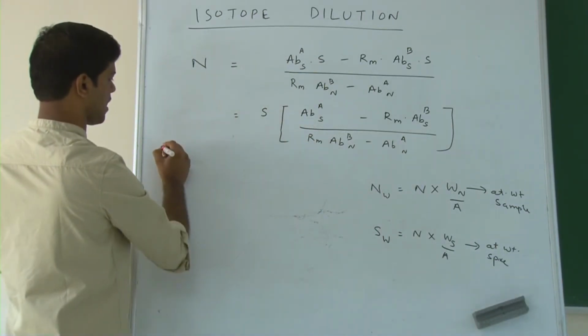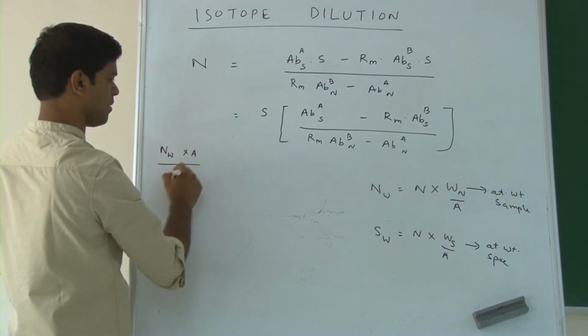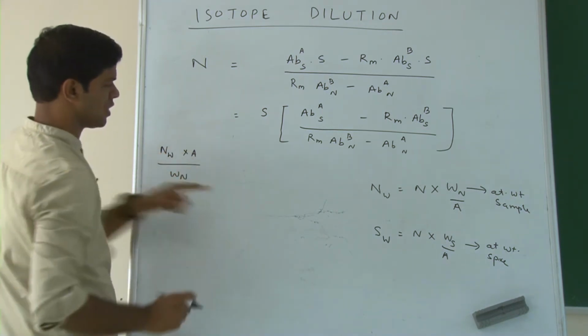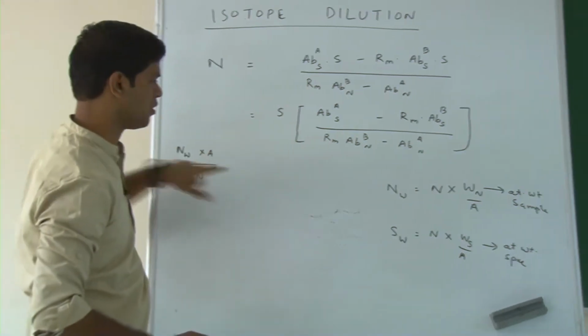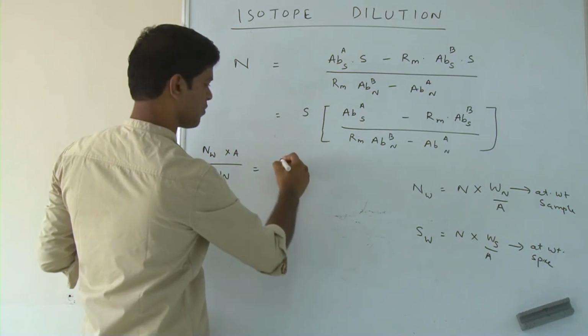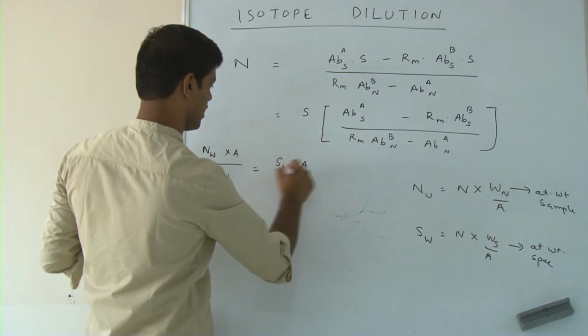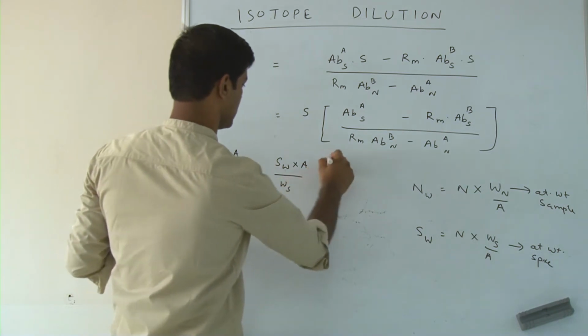N is Nw multiplied by A divided by Wn, whereas S is Sw multiplied by A divided by Ws, then the remaining term.